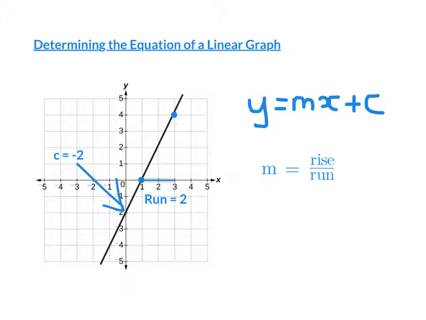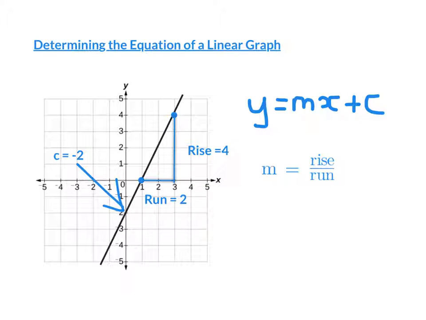The other part of this equation is our rise. Our run is how far across we go, and our rise is how far up we go until we get to this next point on the line. In this case, we go 1, 2, 3, 4 units upwards, so we can say that our rise is equal to 4.